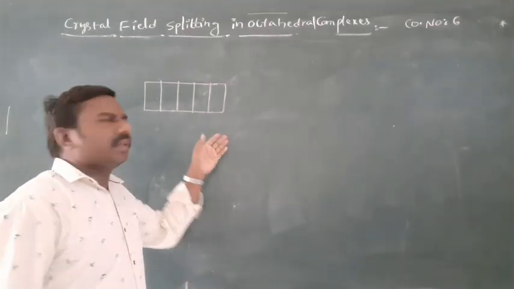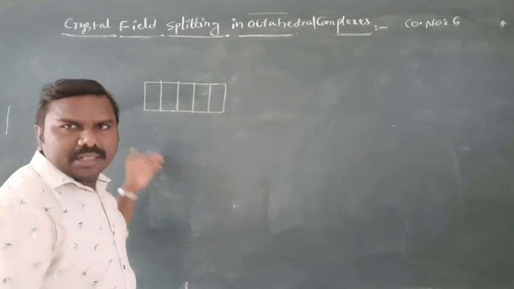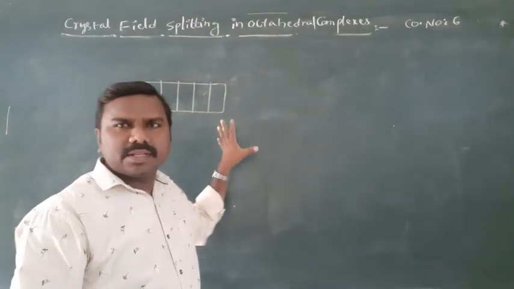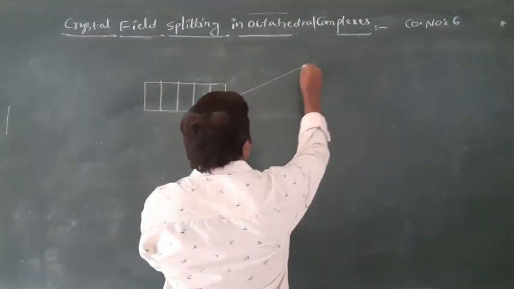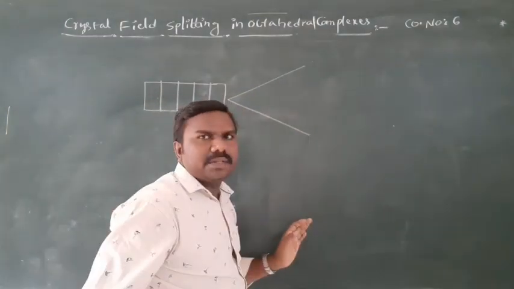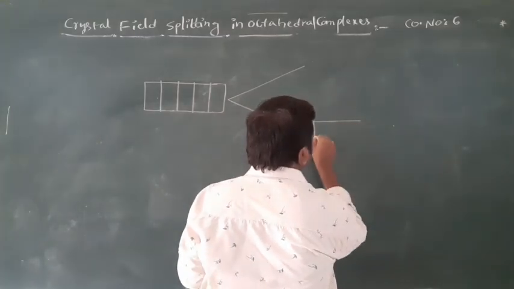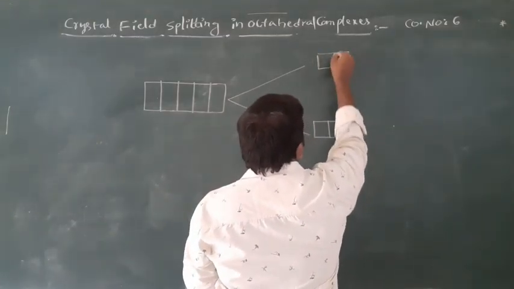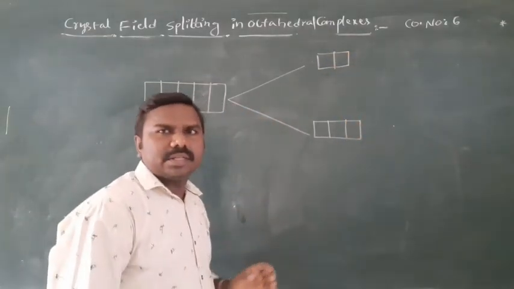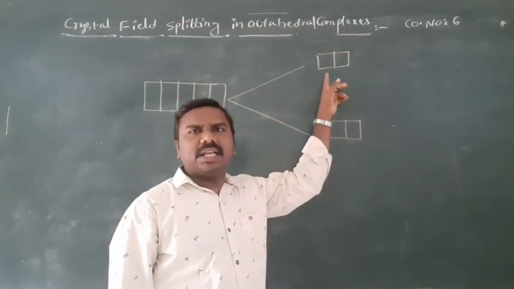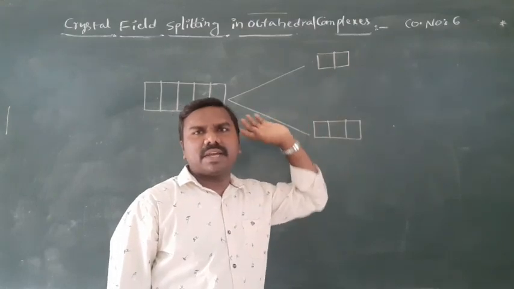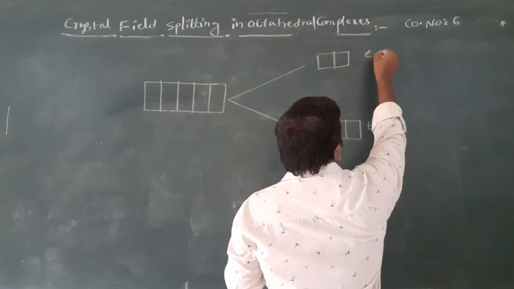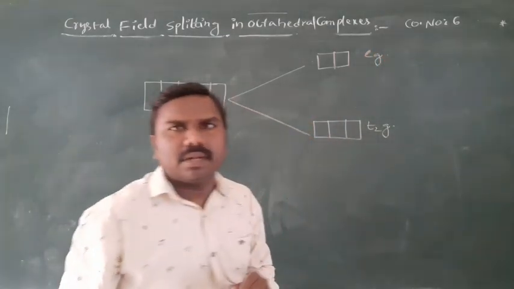Around this, ligands are there, 6 ligands. Repulsions are there. Obviously this will be split into 2 levels. One is t2g, another one is eg, right? dxy, dyz, dzx, dx square minus y square and dz square. These are t2g orbitals and these are eg orbitals.